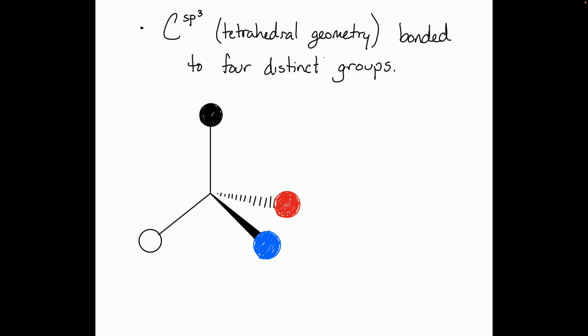These ones are 2 distinct molecules here. I have the same hydrogen, carbon, oxygen, and nitrogen, but I cannot superimpose these. These are not the same molecule. In fact, they are mirror images of one another.